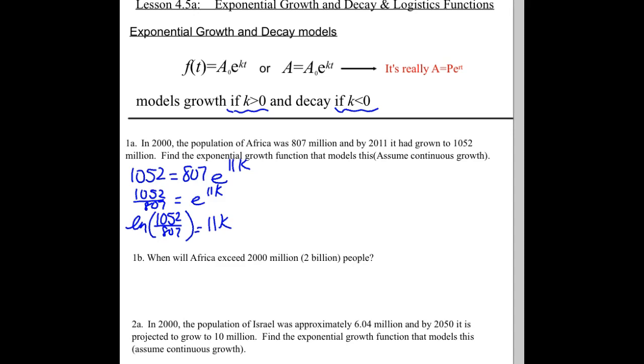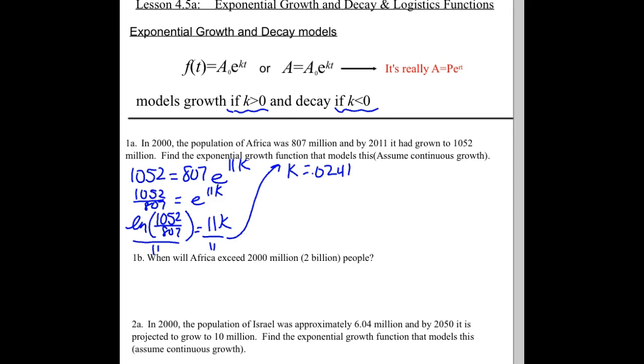And then what would we need to do? Divide it by 11. So what we are finding is our k value. k is 0.0241.